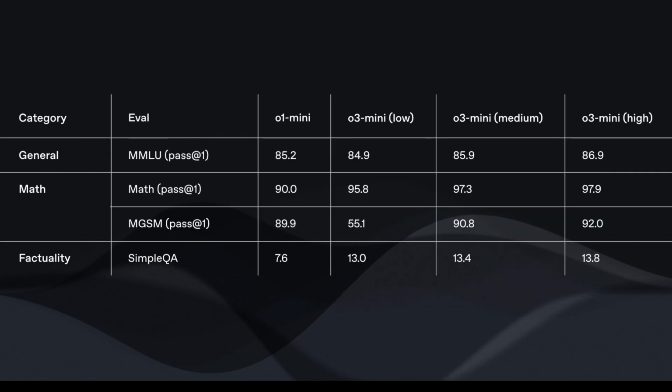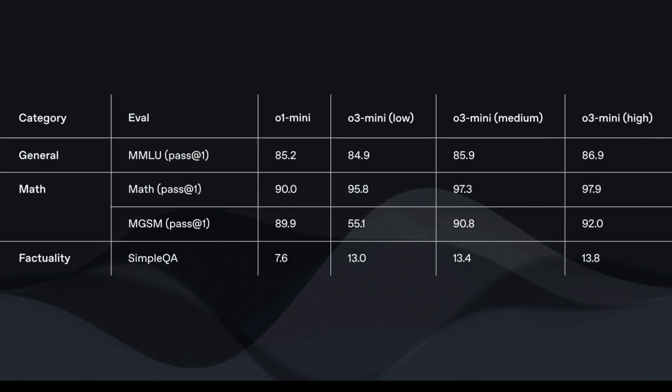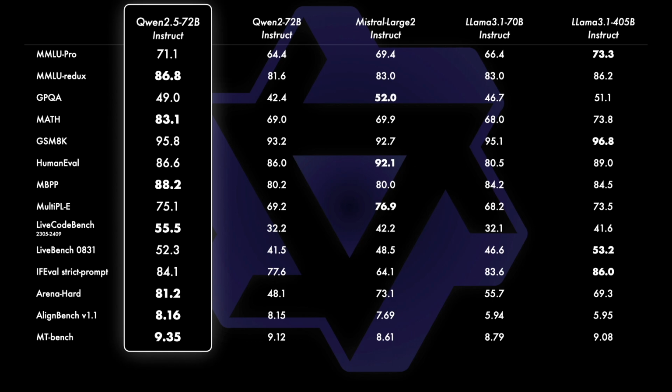So if you look at the benchmarks, these benchmarks are way better than Phi-4, which is the best model as we discussed. But it's actually not free, though you're still getting a good price.